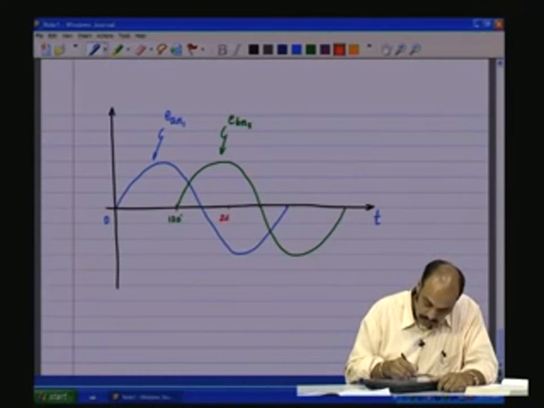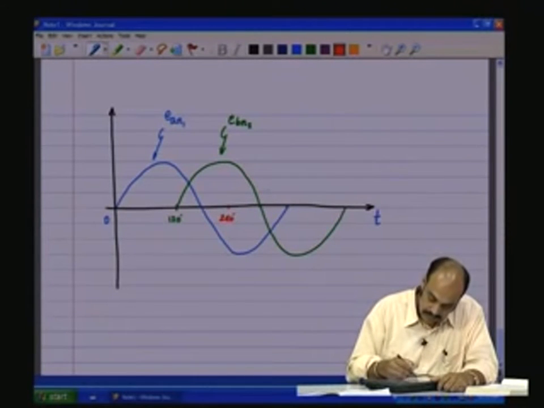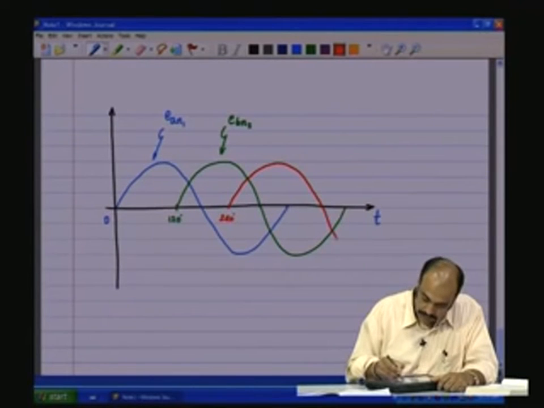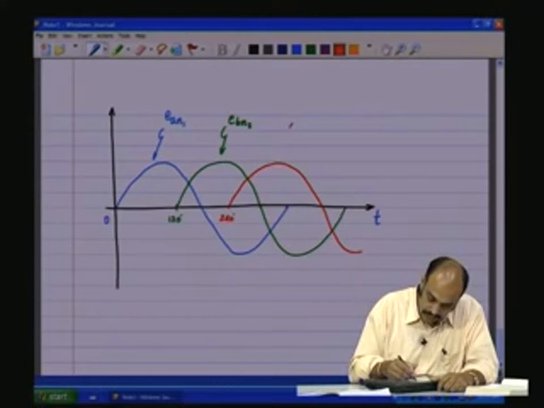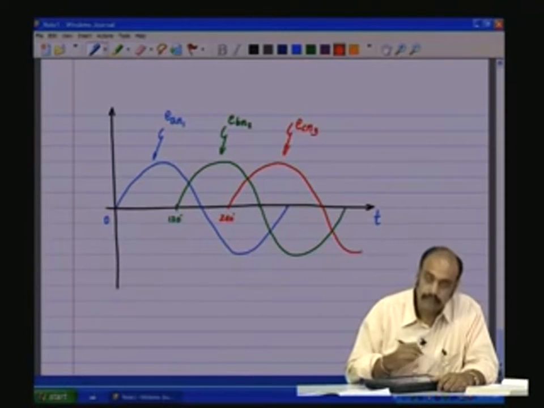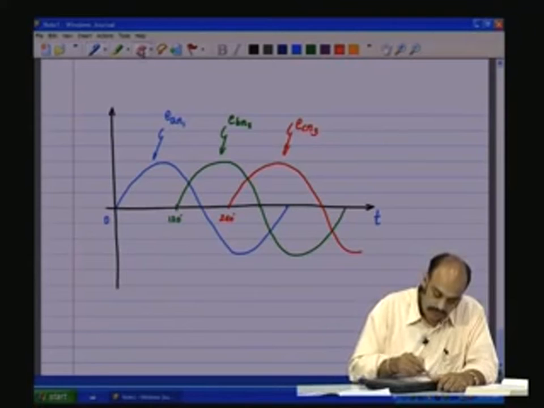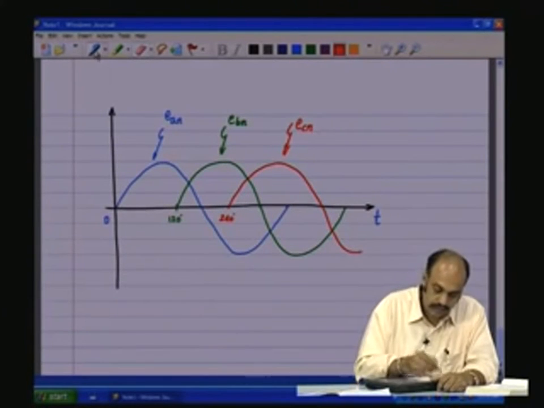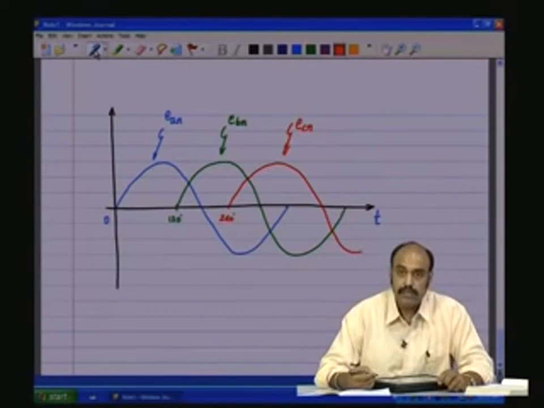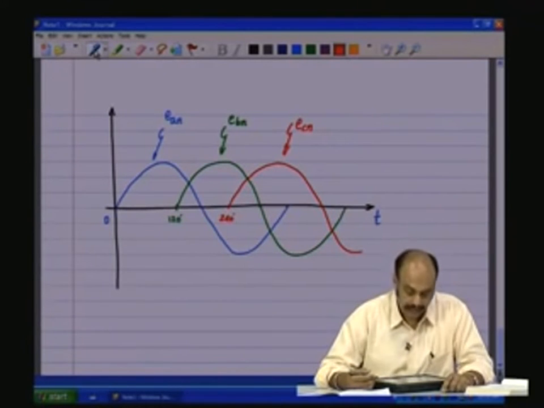This is 240 degrees, and so on. We have sine wave which continues. So, this is E C N 3, and because we have commoned the return paths, it is now E A N, E B N, E C N. It is a 4-wire system.